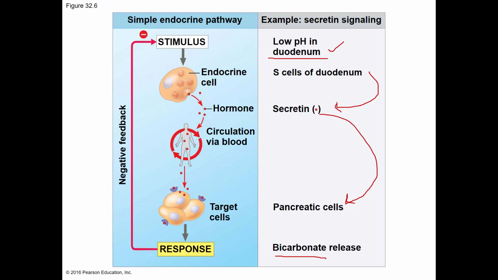So it's neither too basic nor too acidic, but of the perfect pH so that our body can properly absorb nutrients like it should. And once the pH in the duodenum is neutralized, the stimulus stops, because the stimulus was the pH level.